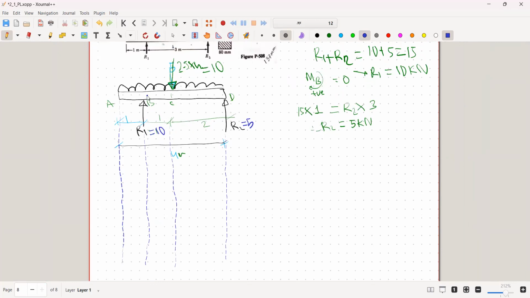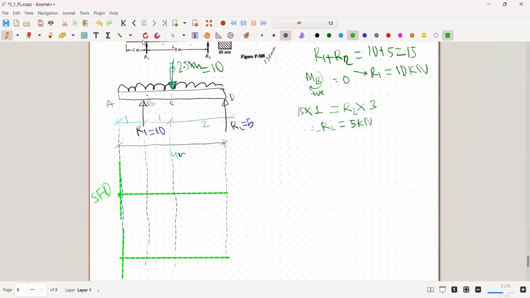I would prefer the moment diagram. So first thing we have to do is the shear force diagram, right here. At point A, there is no shear force acting.